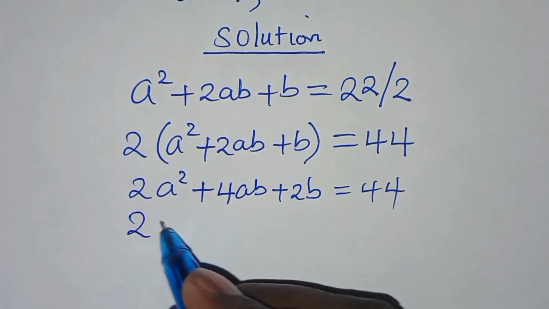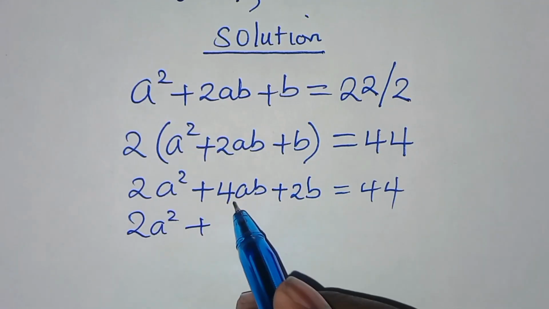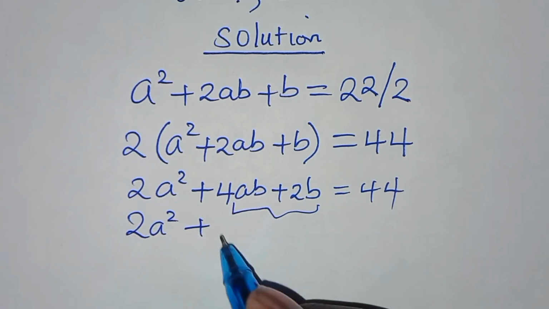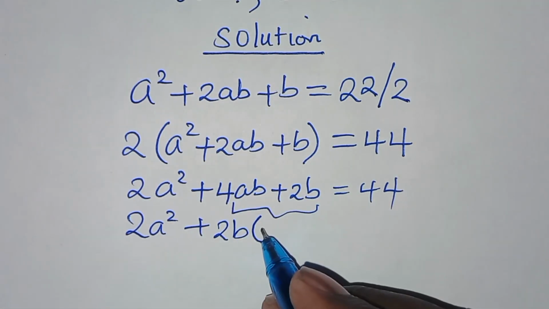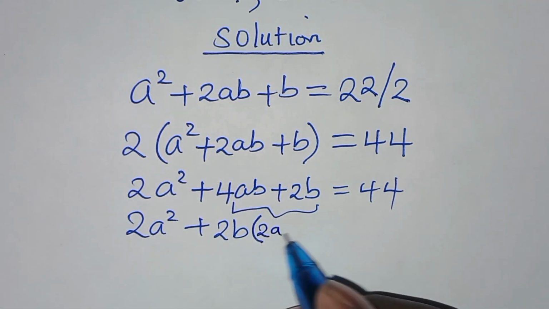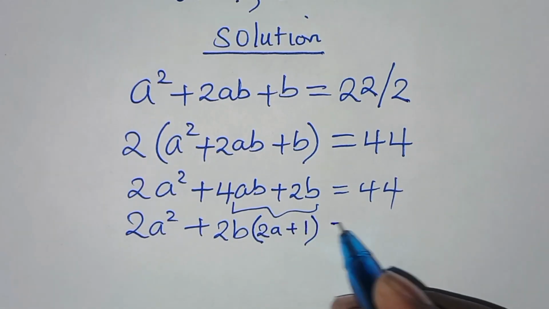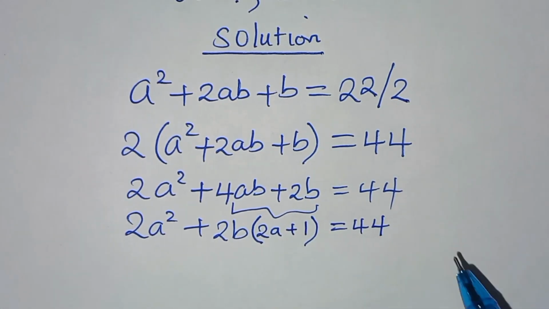So this is 2a squared plus, from what we have here, we can factor out 2b, so we have 2b into the parentheses, 2a plus 1, equal to 44.